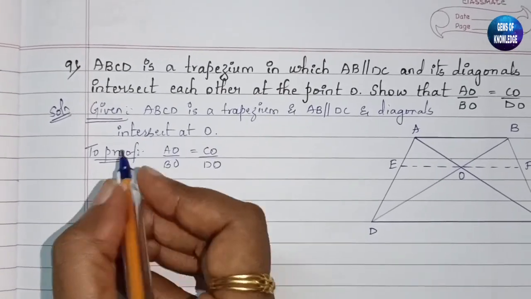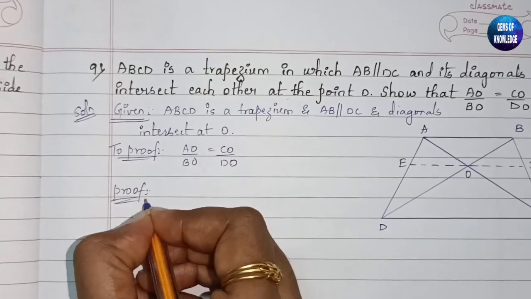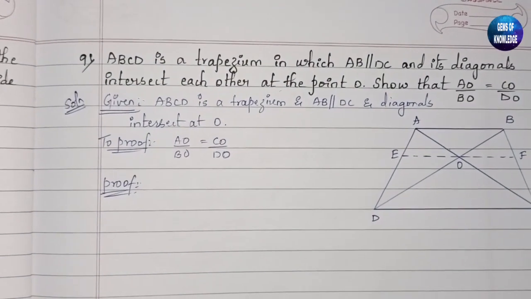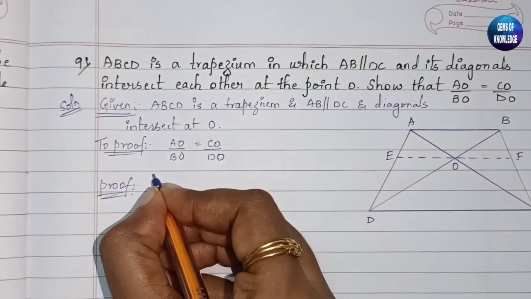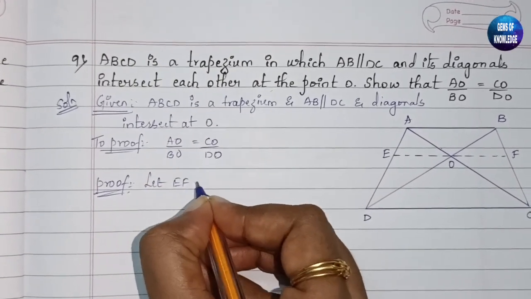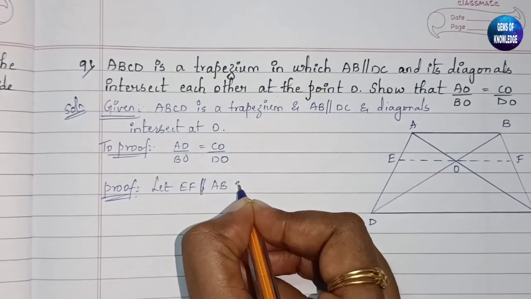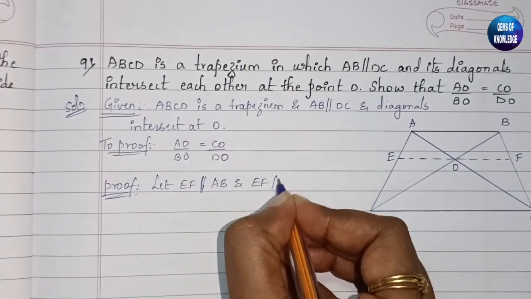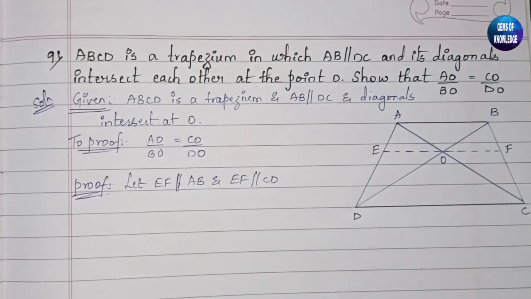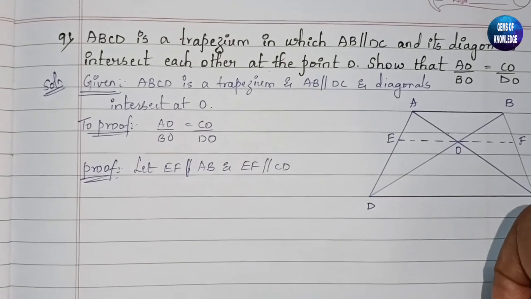This is what we need to prove. Proof: before this, we need to construct one thing. Let EF be parallel to AB and EF is parallel to CD.